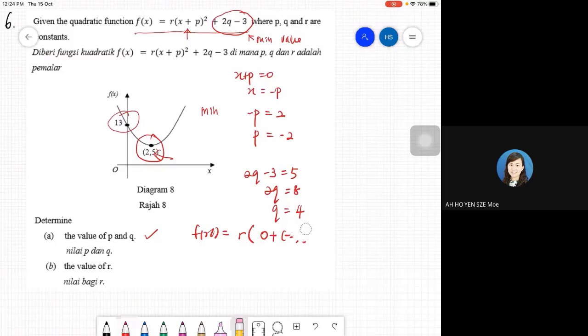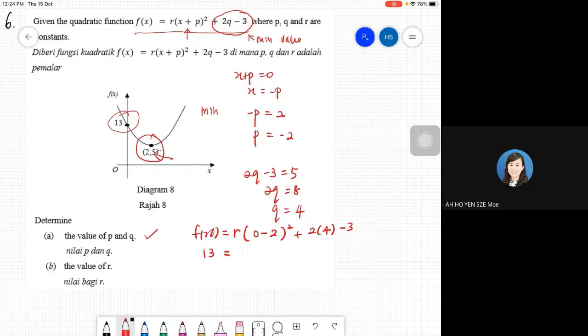Sudah tulis sampai nanti kamu tak susah kamu nak tengok. Okay, your X is 0 minus 2, square, plus your Q is 4, right? 2 times 4 minus 3. So the Fx is 13. Because here the point, when I choose the X is equal to 0. If you don't want to choose 0, 13, you can choose 2, 5 also, no problem. Boleh juga.